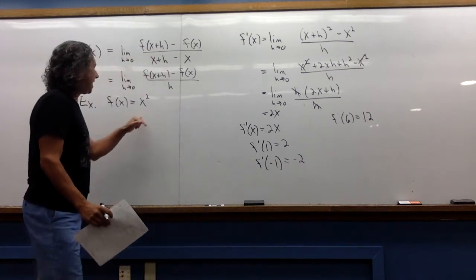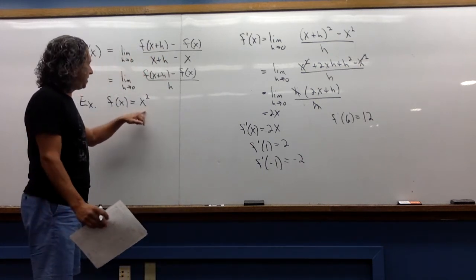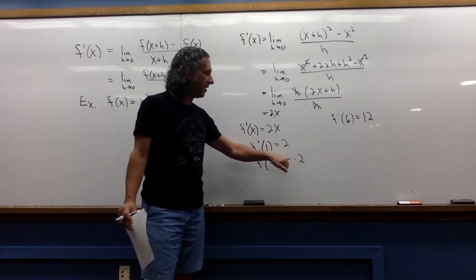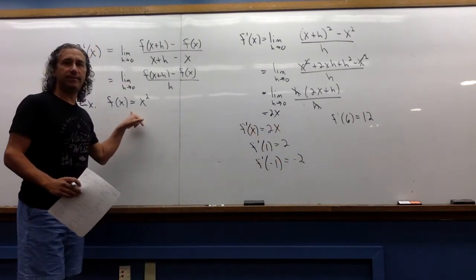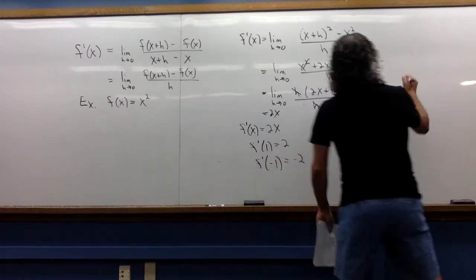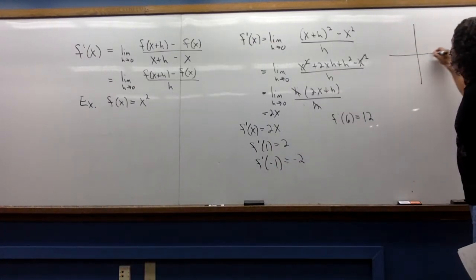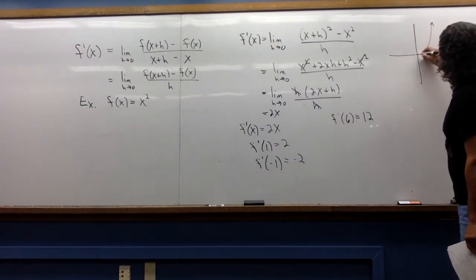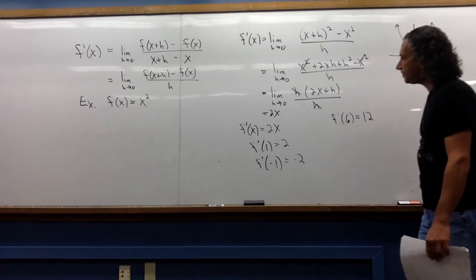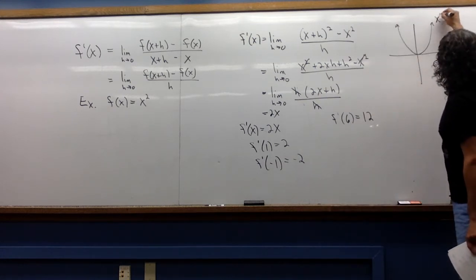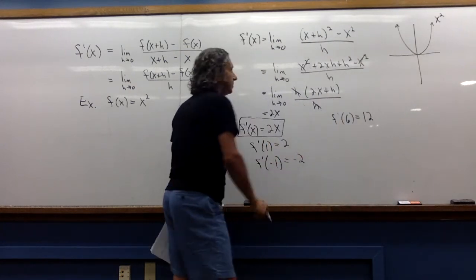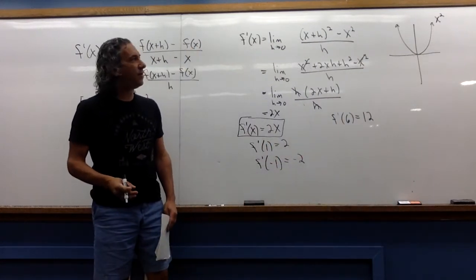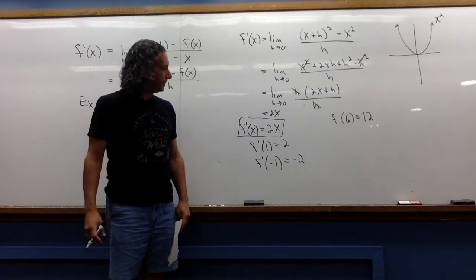I want to point something out at this point in time regarding the sign of the derivative and how it relates to the function. So this is f of x equals x squared. We all know what that looks like. And looking at the derivative function and looking at our graph, we might realize something.